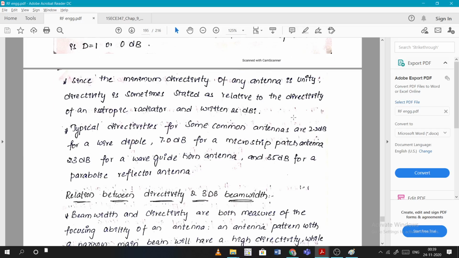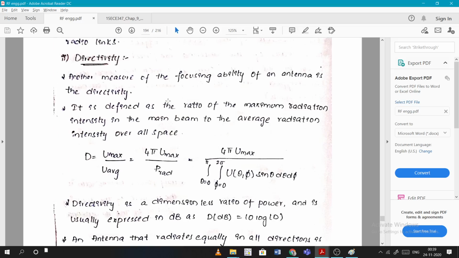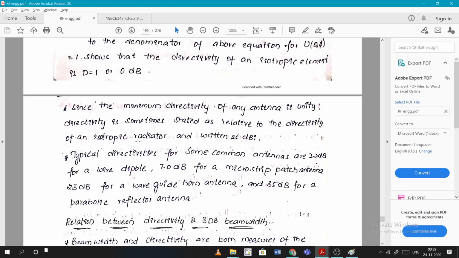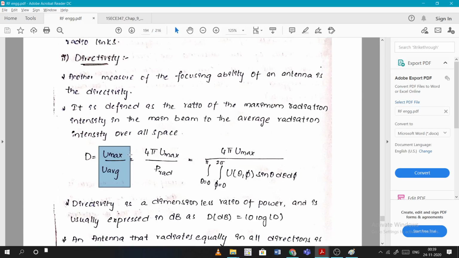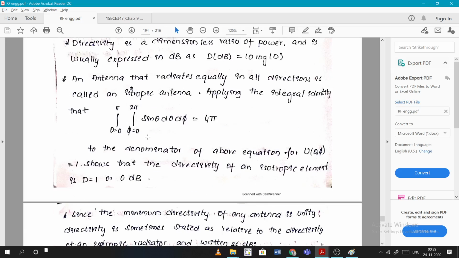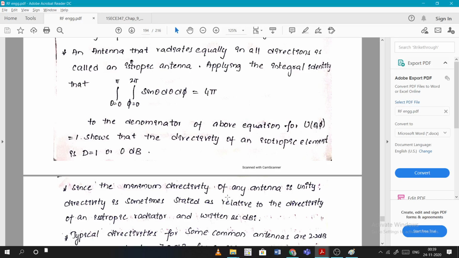The minimum directivity of an antenna is unity, because we can get this ratio as 1 only. When U max is equal to U average, the directivity of that antenna is unity, so that is why we call it the minimum directivity of an antenna.